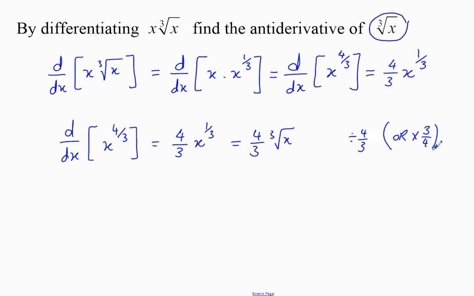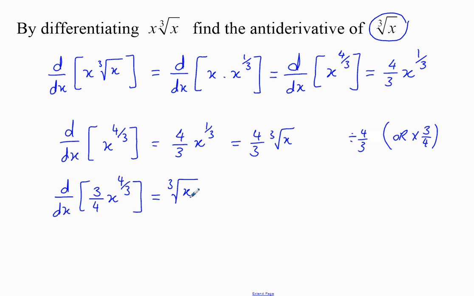So now this would be the derivative with respect to x of multiplying by 3 over 4, that would be 3 over 4 x to the power of 4 over 3 is equal to, that gets rid of the 4 over 3 and get the cubic root of x.